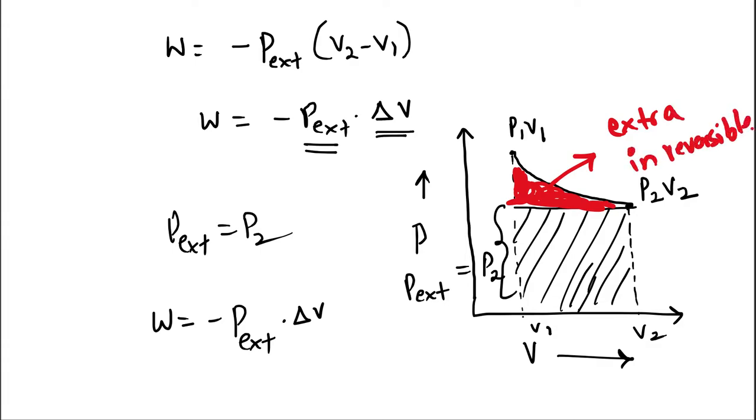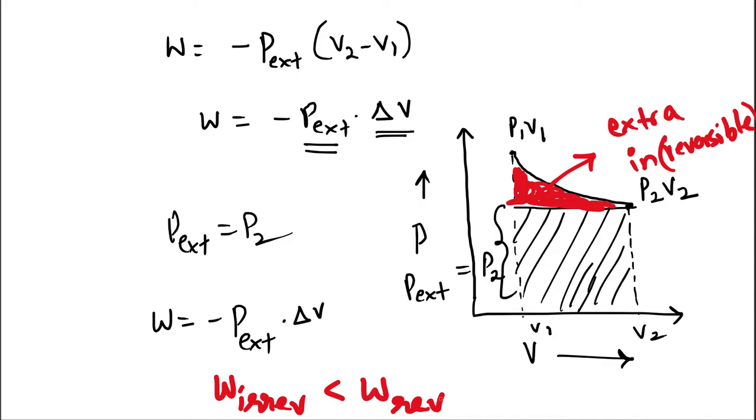So what can we infer from this? The inference here is that the work done in the irreversible process is smaller than the work done in the reversible process. Why? In the irreversible process, the work is always happening at an external pressure which is the final pressure, always smaller than the external pressure in the reversible process, which is always higher than the final pressure and smaller than the initial pressure.